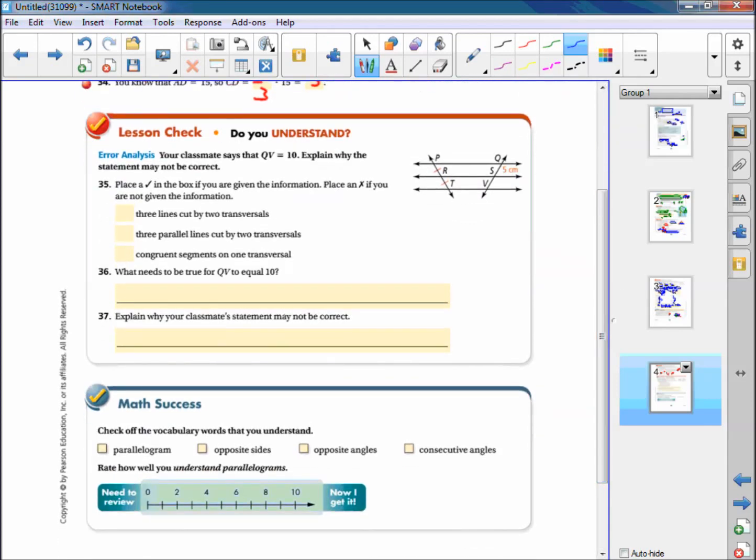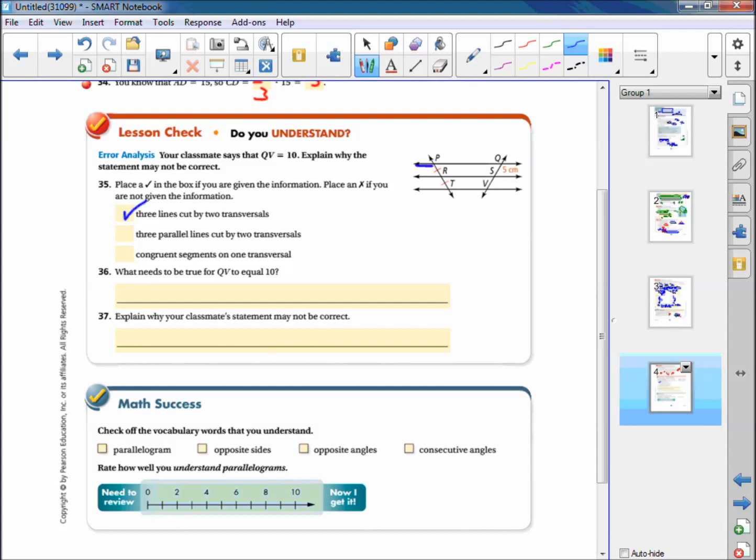All right, welcome back. So we have an error analysis problem here. So your classmate says that QV is 10 in this picture. Explain why the statement may not be correct. So it could be correct, but it's not necessarily going to be so. So place a check in the box if you are given the information, and place an X in the box for things that you are not given from our diagram. So the 3 lines are cut by 2 transversals. This is true.